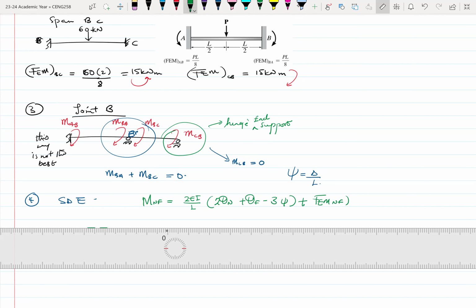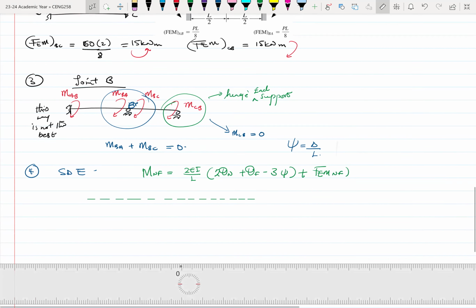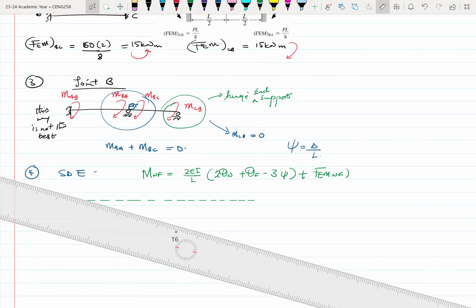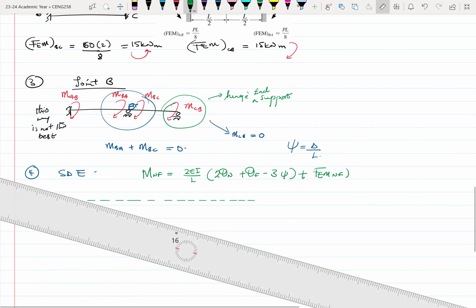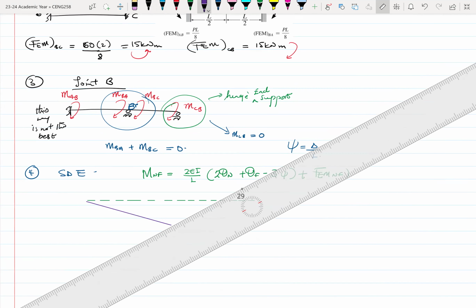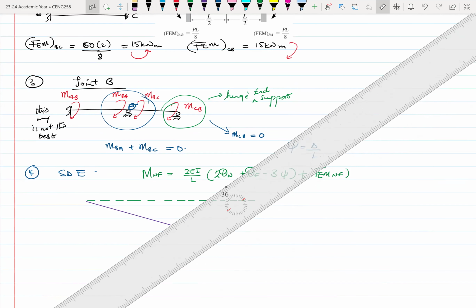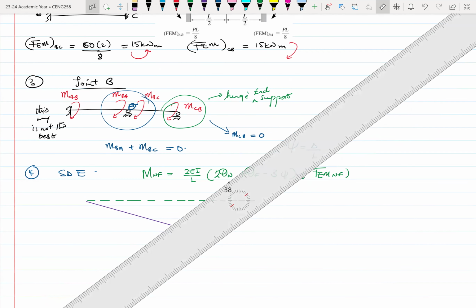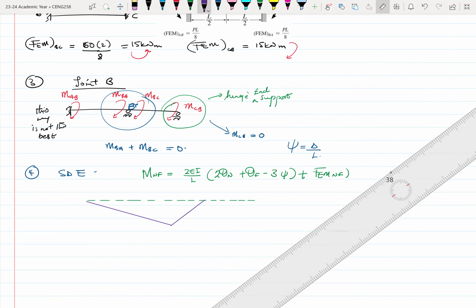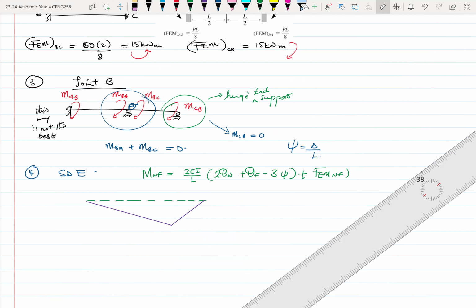Let me try and see if I can figure it out.